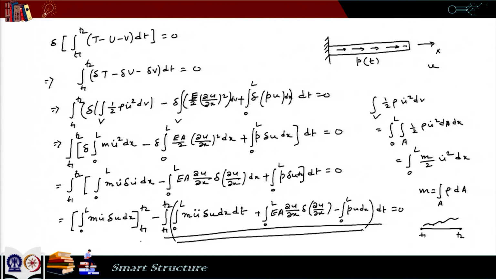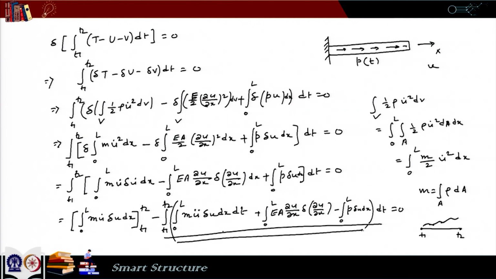So, now we can get rid of the time and we can simply write this equal to 0, and again, excuse me, we have delta here. So, we will rewrite this.